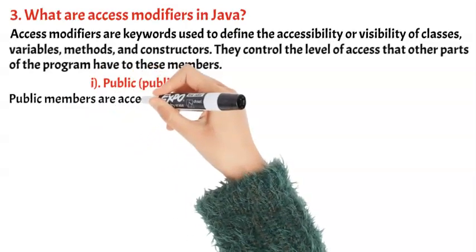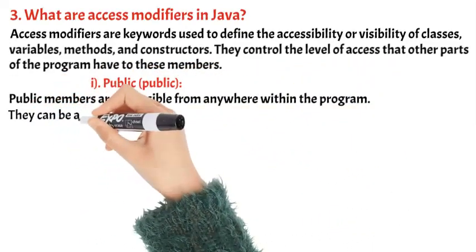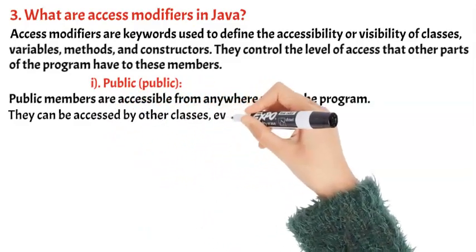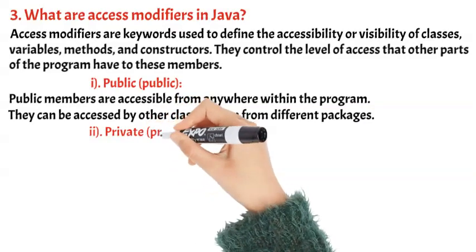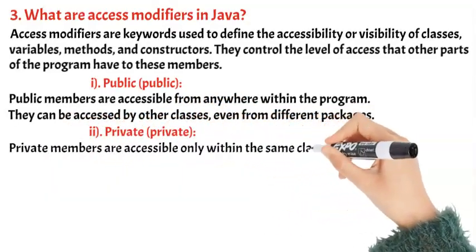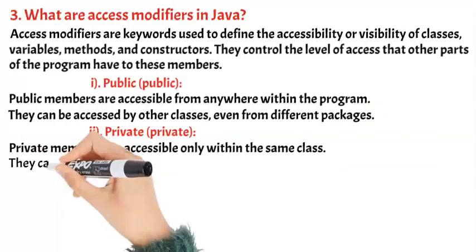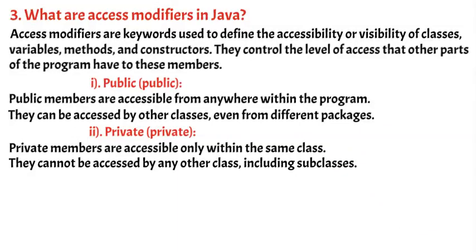Public members are accessible from anywhere within the program. They can be accessed by other classes, even from different packages. 2. Private. Private members are accessible only within the same class. They cannot be accessed by any other class, including subclasses.